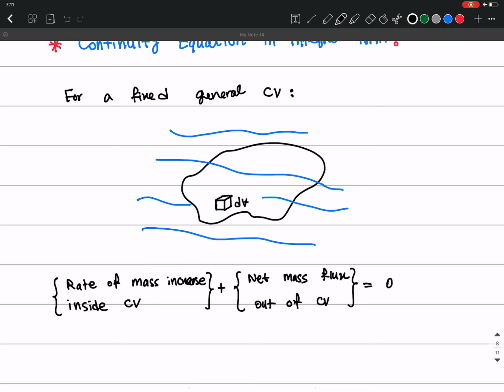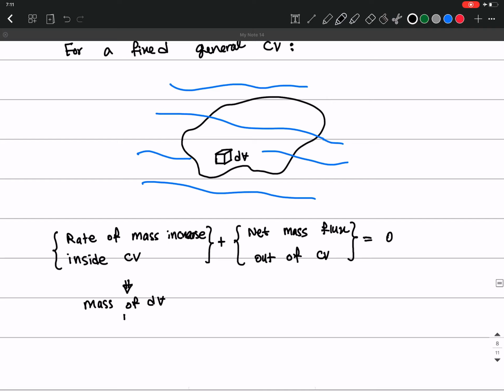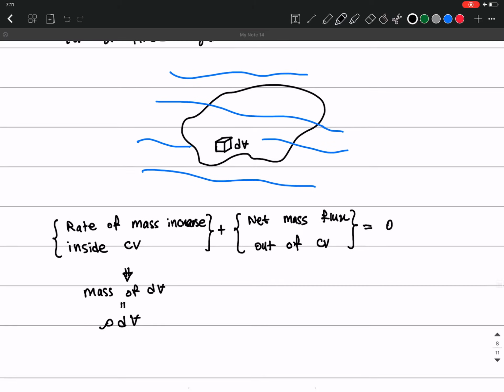Okay, so we want to see what is the rate of mass. First of all, we want to see what is the mass of that, and then calculate the rate of mass. So mass of dV is going to be density times its volume, so rho times dV.